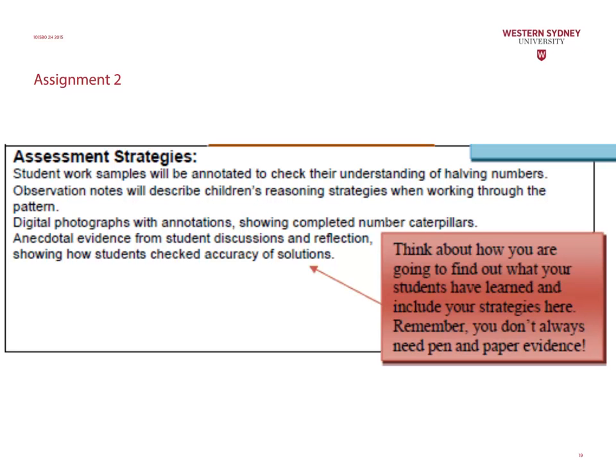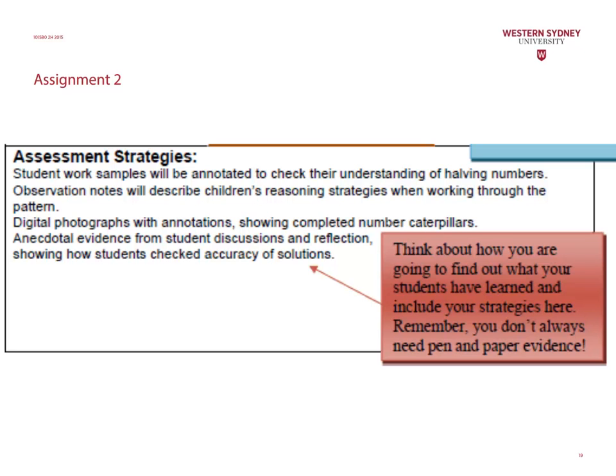So if I go back to the rules of the game or the activity, it was to halve numbers, right, in order to actually participate with building or constructing this caterpillar. So that was one of the rules.